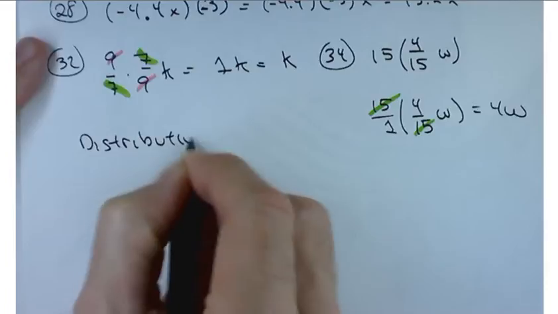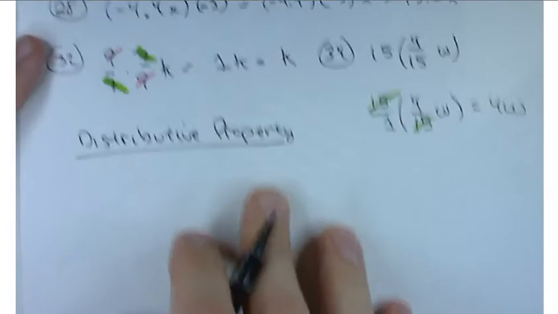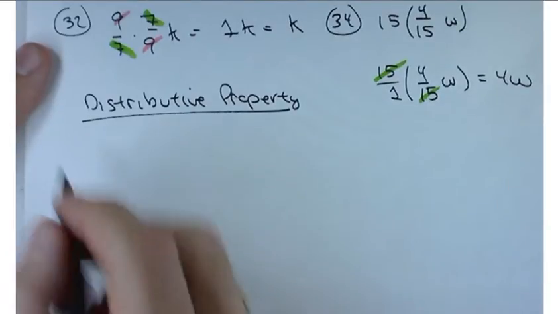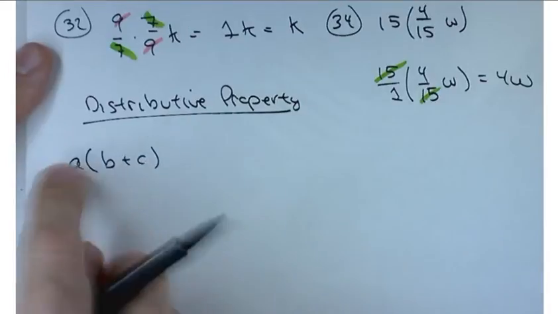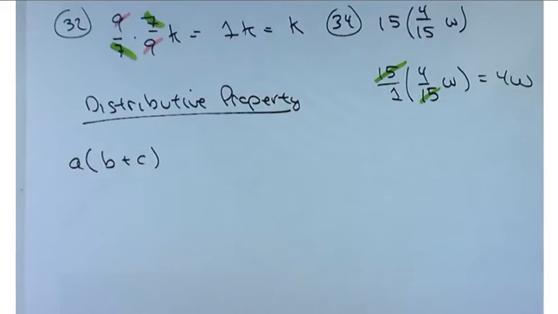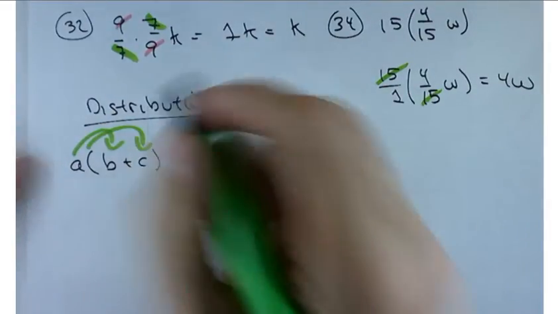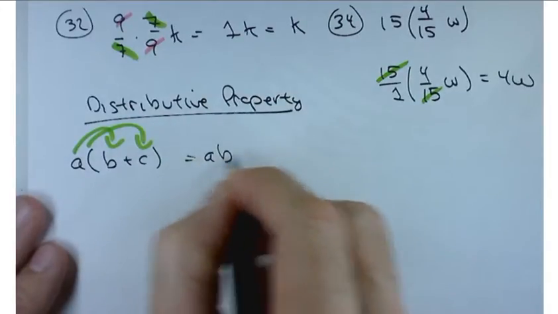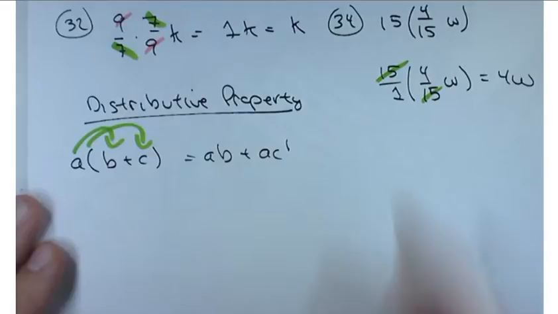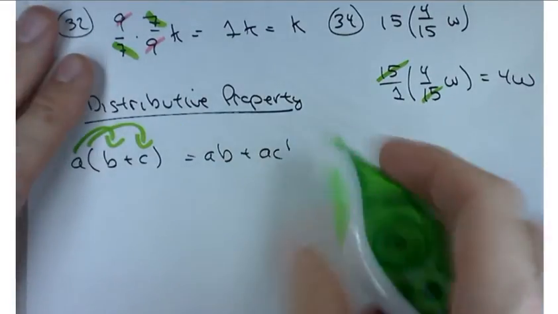Distributive property. So distributive property is for when you multiply a number times something in parentheses like this. That number or expression out in front is going to distribute itself to both of those terms. So you'll get a times b plus a times c. Now it doesn't matter if you're adding or subtracting.